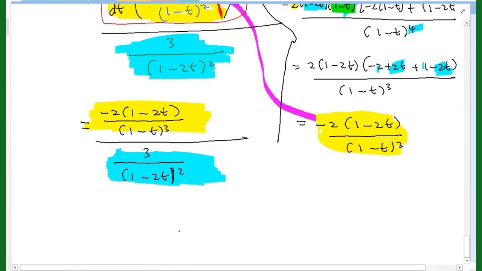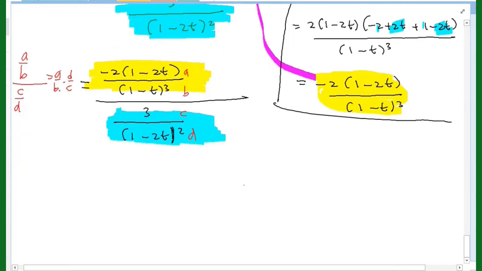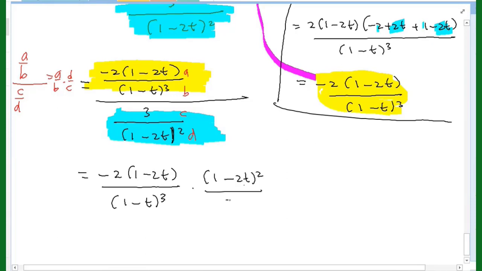Okay, so we simplify. Same procedure: A over B over C over D is equal to A over B times D over C. Okay, simplify. Negative 2 times 1 minus 2t over 1 minus t cube times 1 minus 2t squared over 3.